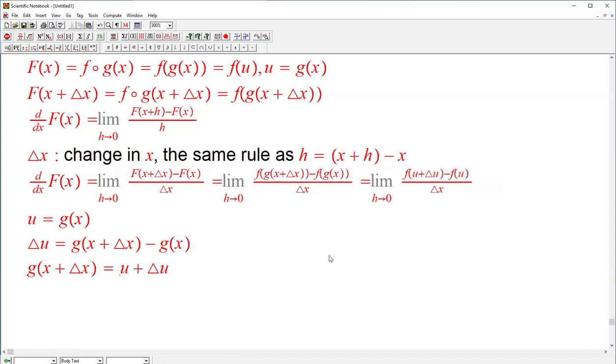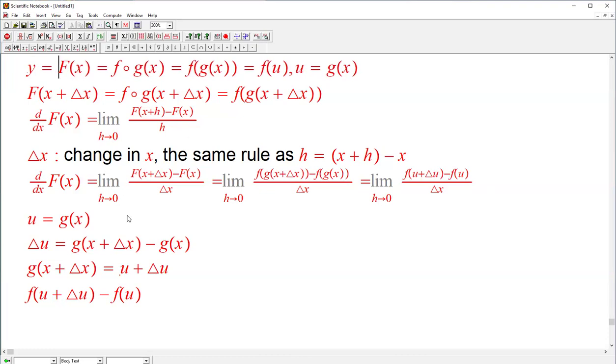All right, so with this, let's take a look at the change in x and the change in u. When we try to find the derivative of a function, capital F, we basically take f of, the numerator, which is also a change, right? So the top is actually delta y, if we assume capital F is y.